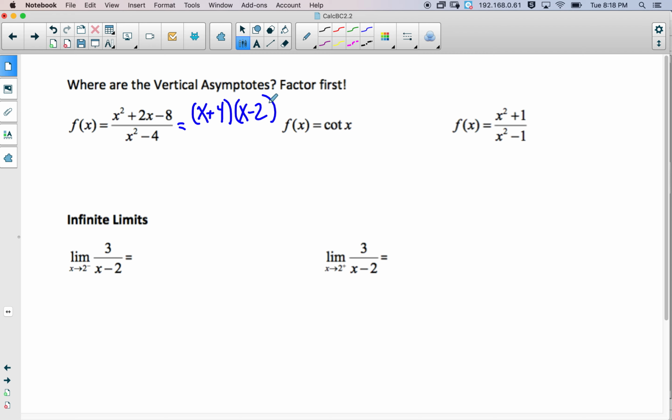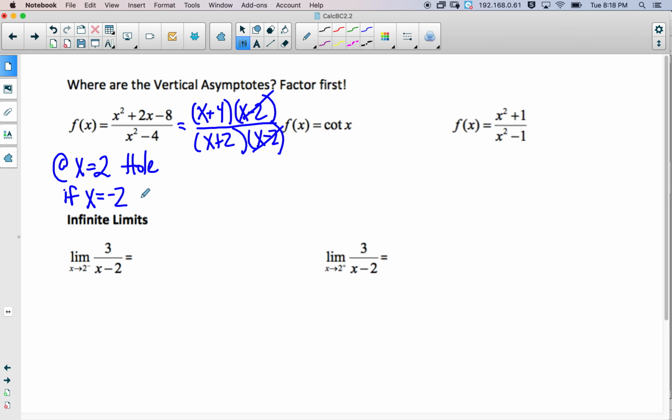And then my denominator, I'm going to have an x plus 2 and an x minus 2. Okay, so these two factors right here cancel. So at x equals 2, if I put a 2 in here, it's still undefined, but there will simply be a hole in the graph. But right here in the denominator, if x equals negative 2, there's going to be a vertical asymptote.